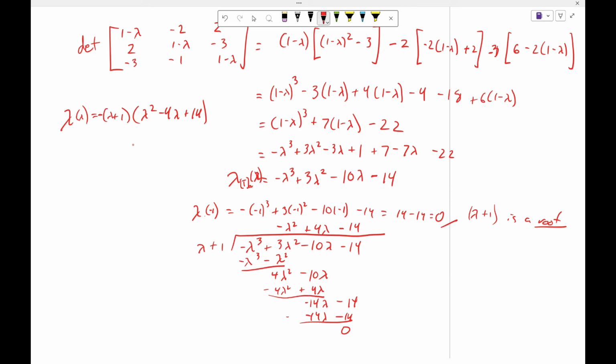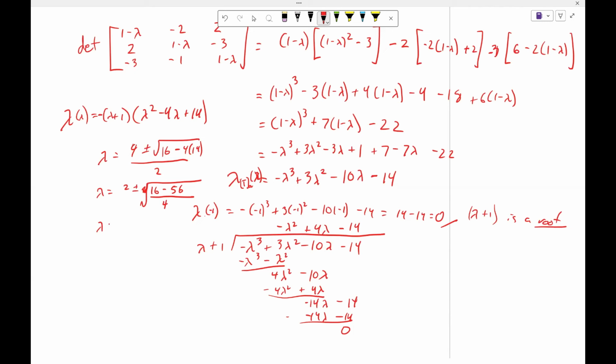And now to figure out the roots here, I'm just going to use the quadratic formula. Lambda equals 4 plus or minus the square root of 16 minus 4 times 14 all over 2. Lambda equals 2 plus or minus the square root of 16 minus 56 over, and I'm going to do a trick of bringing the 2 inside the square root, because it's positive, and it becomes a 4 inside.